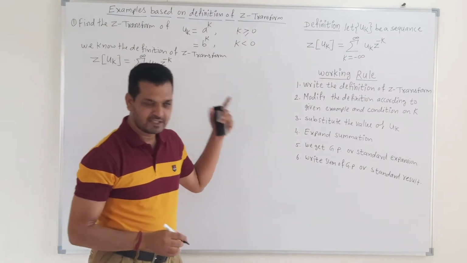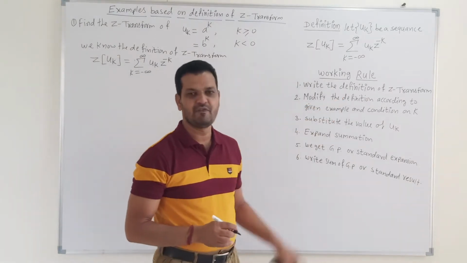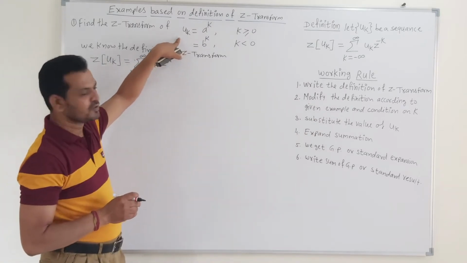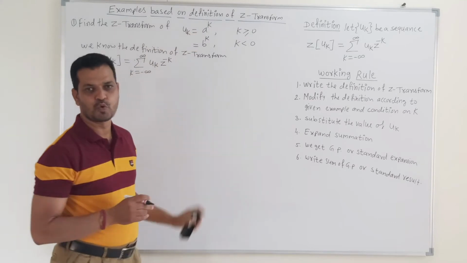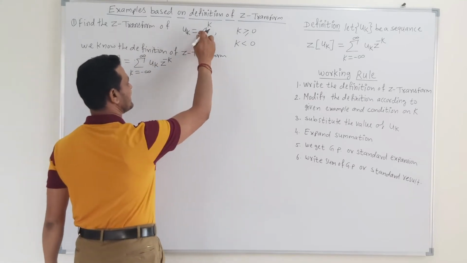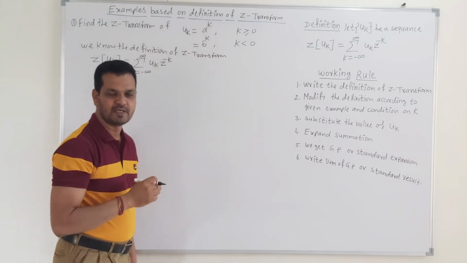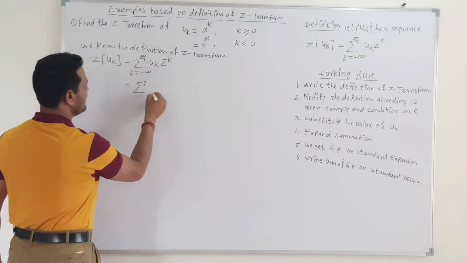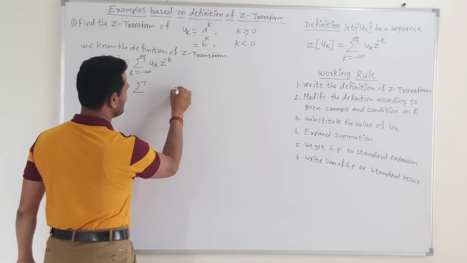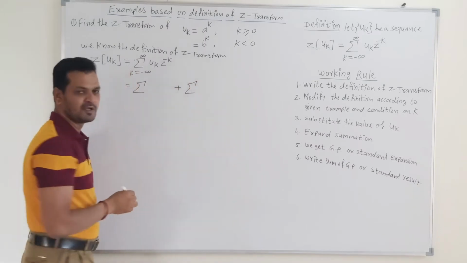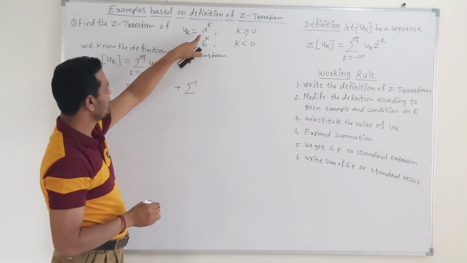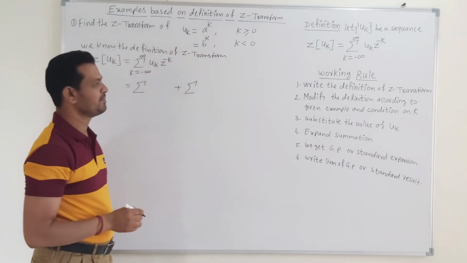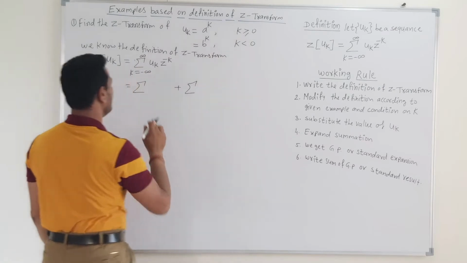Now friends, the next step, or second step, is to modify the definition according to the given example. Observe the given example. This given example is split into two parts. For the first part the value is a raised to k, and for the second part the value is b raised to k. Our aim is to modify this sum into two parts. For the first part the value of the sequence is a raised to k and for the second part the value of the sequence is b raised to k, and these are the conditions on k.